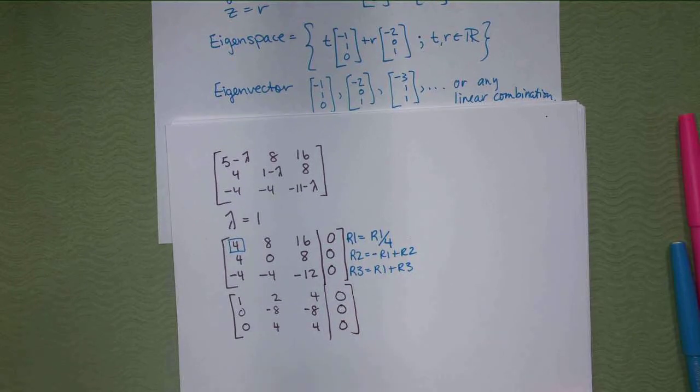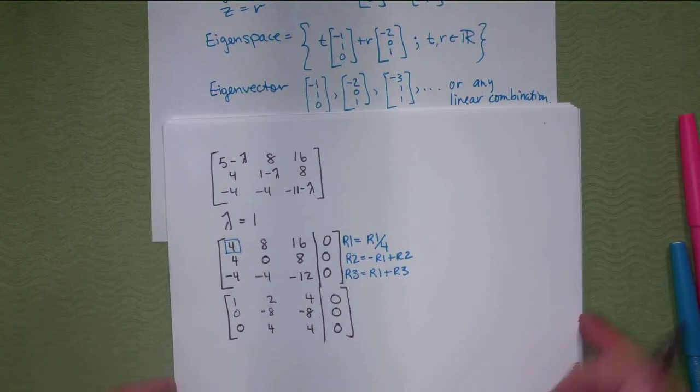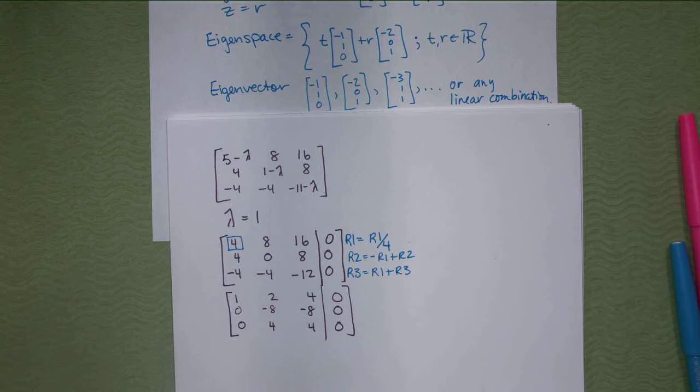Okay, and now I'm feeling more confident that they're right, because you can see that we're going to get a row of zeros. Do you see it? Because row 2 and row 3 are now multiples of each other. So when you're doing 2 by 2s, you see it always right away, because there's only 2 rows. They have to be multiples of each other.